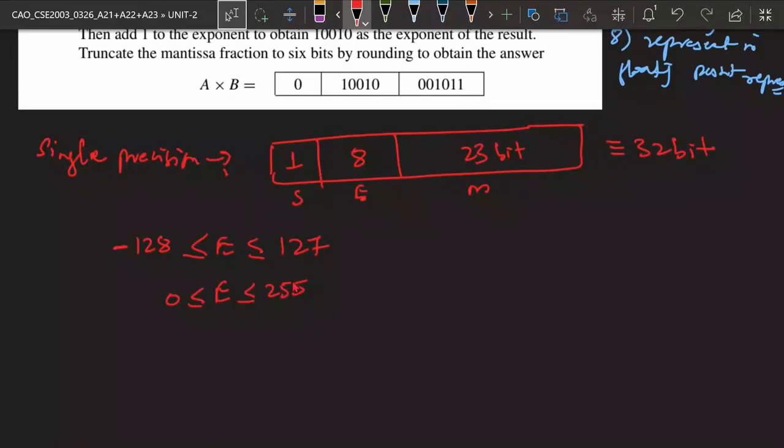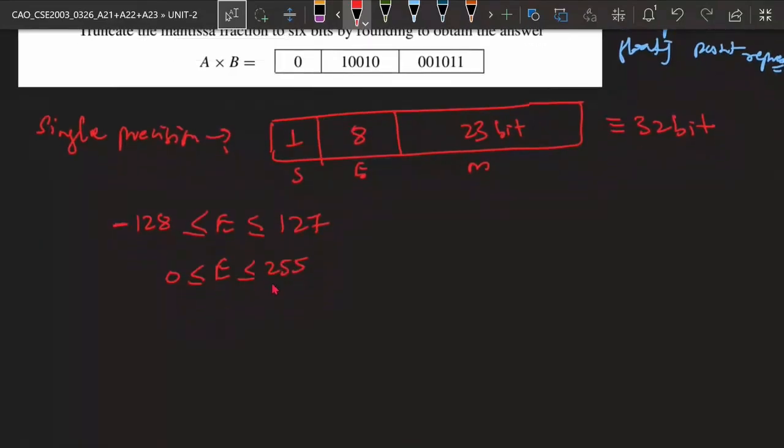Once the exponent is 0 or 255, it represents special numbers. Therefore, the generalized exponent value will be between 1 to 254. If the exponent value is between 1 to 254 for single precision, then there is no overflow. If it is less than 1 or greater than 254, then there will be the special case of overflow.